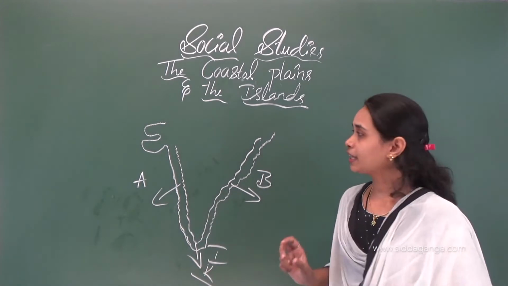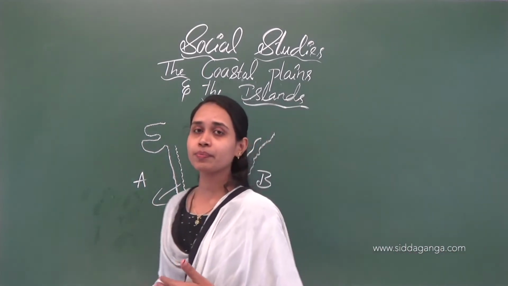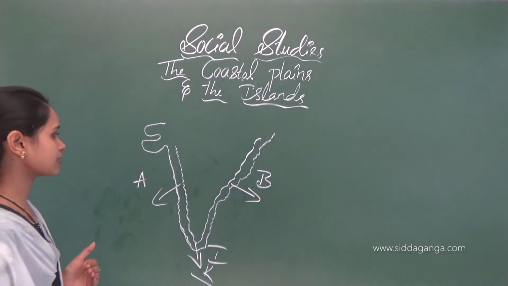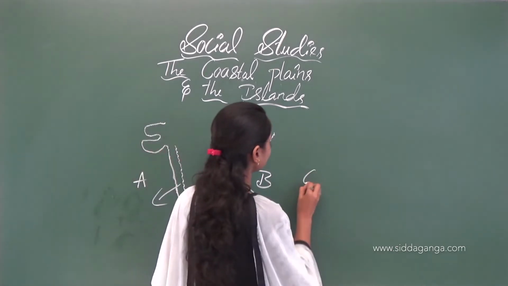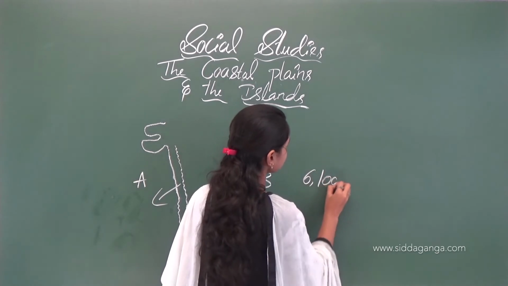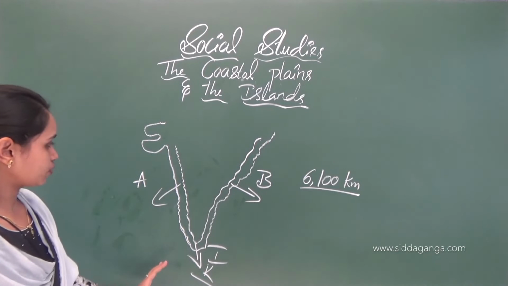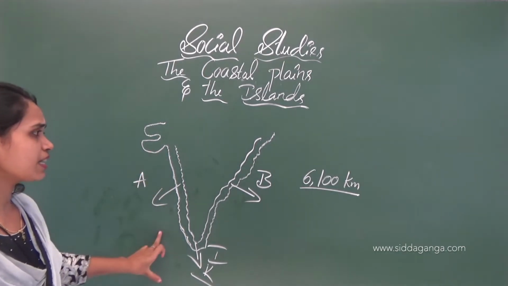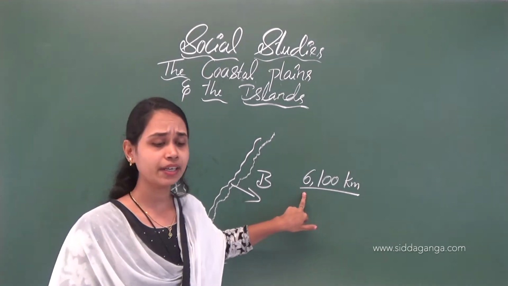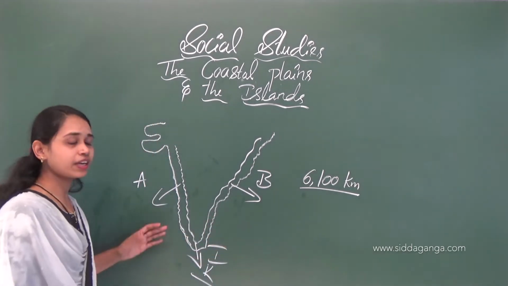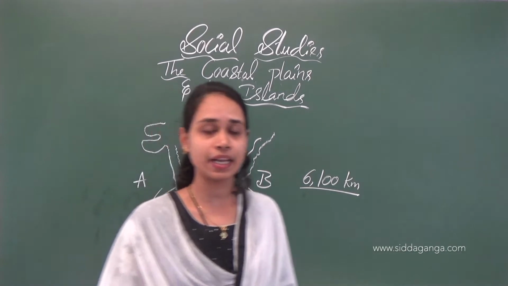The Indian coastal line was already told in the previous class. Indian coastal line is about 6,100 kilometers. How much? 6,100 kilometers, okay? It is very useful for our India.